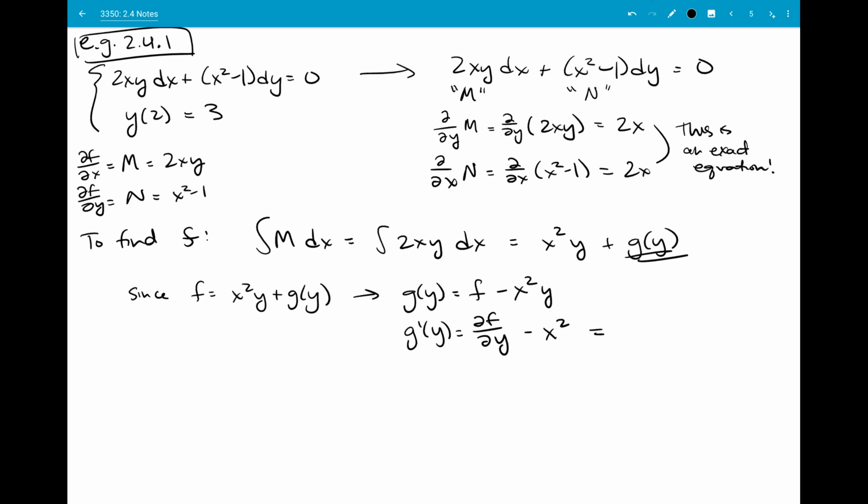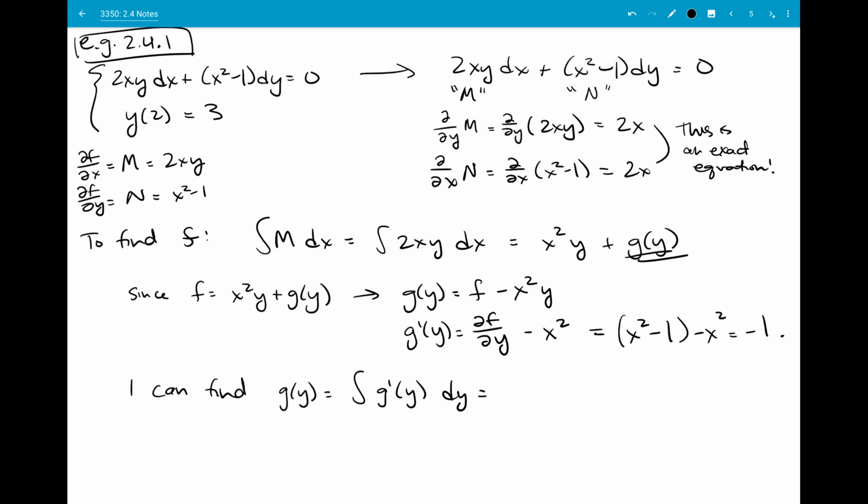And then my df dy is my N, so it's x squared minus 1 minus x squared, or just minus 1. So if I want to find out what g of y is, I just need to integrate it with respect to y now. So it's the integral of g prime of y with respect to y, the integral of negative 1 with respect to y. So just negative y. This thing right here, you don't have to write. I just wrote it so that you would understand why I'm taking this integral right now.